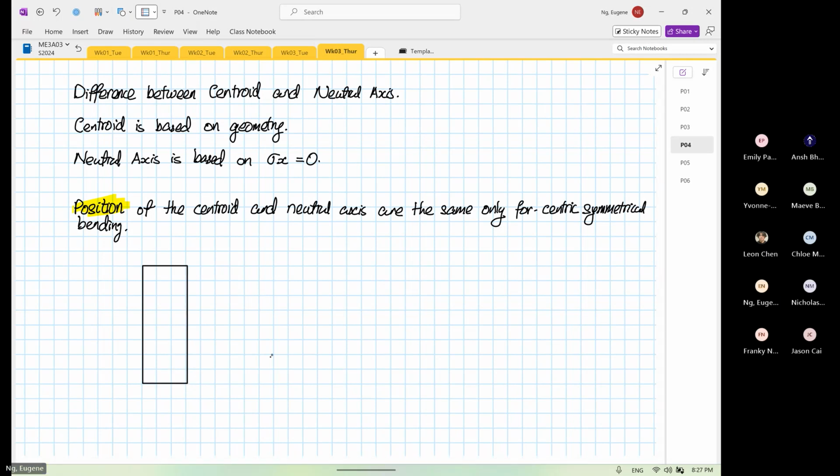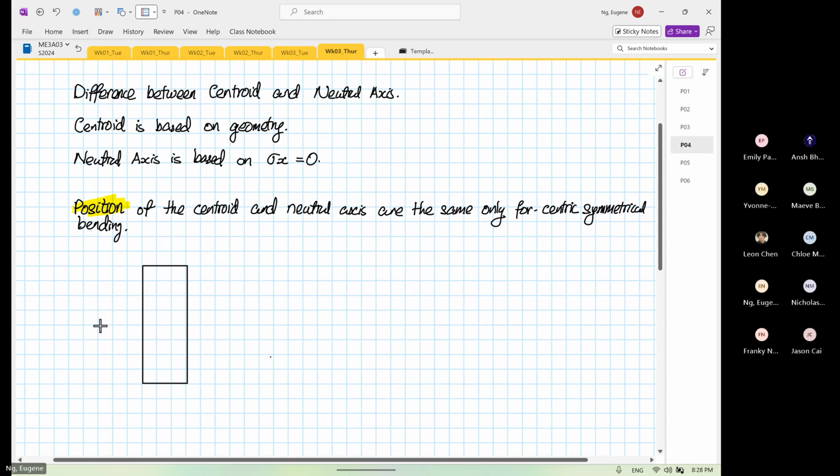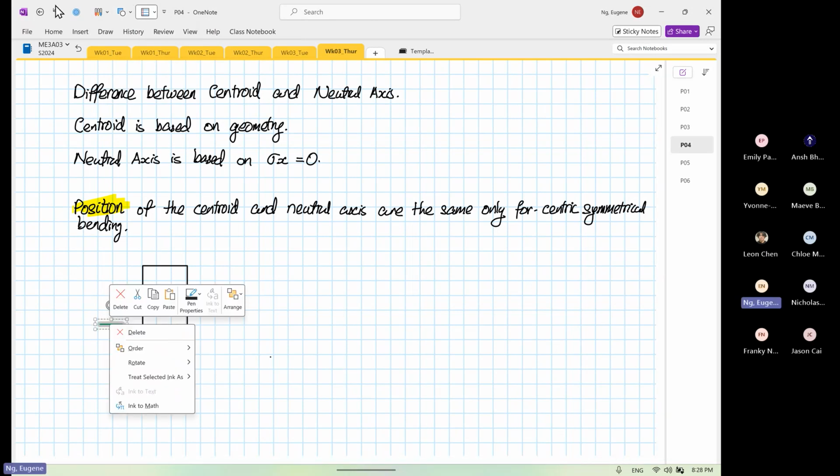Okay, so this is our cross-section view, and this is the position of our centroid. Good.